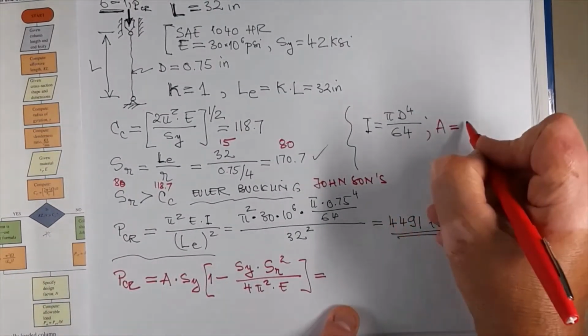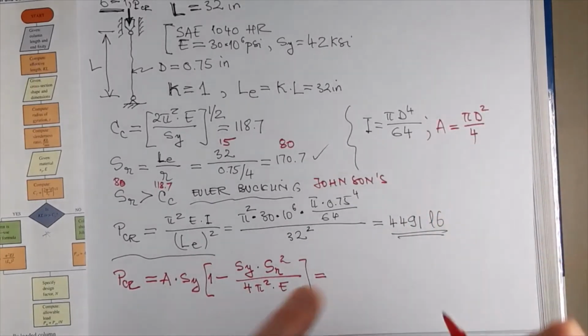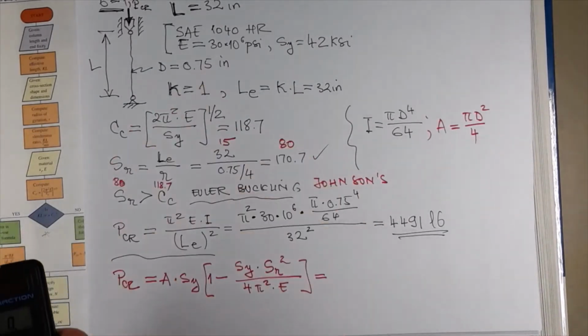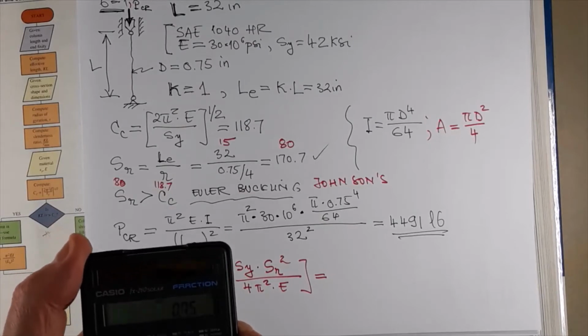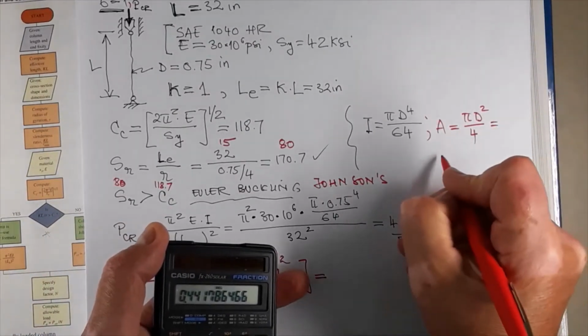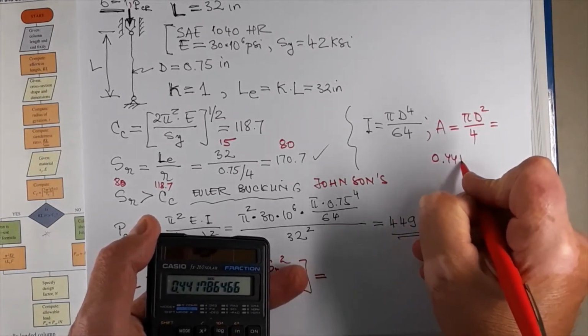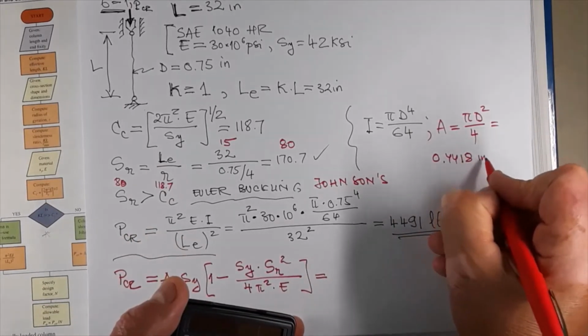It is going to be pi diameter squared over 4, and with the 0.75 diameter, so pi times 0.75 squared equals 0.4418 inches squared.